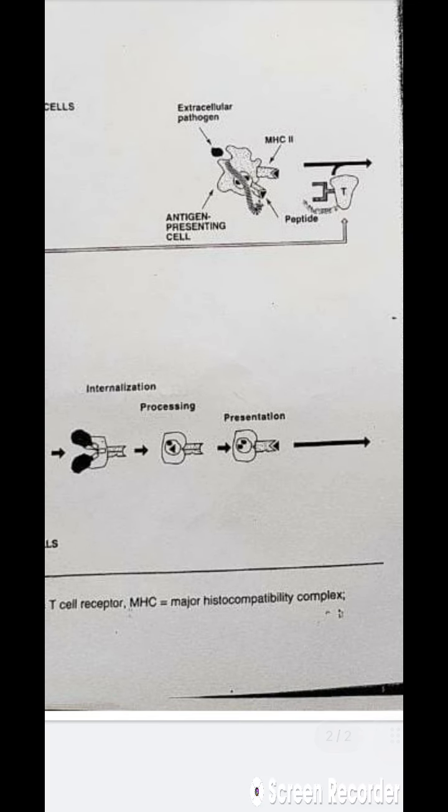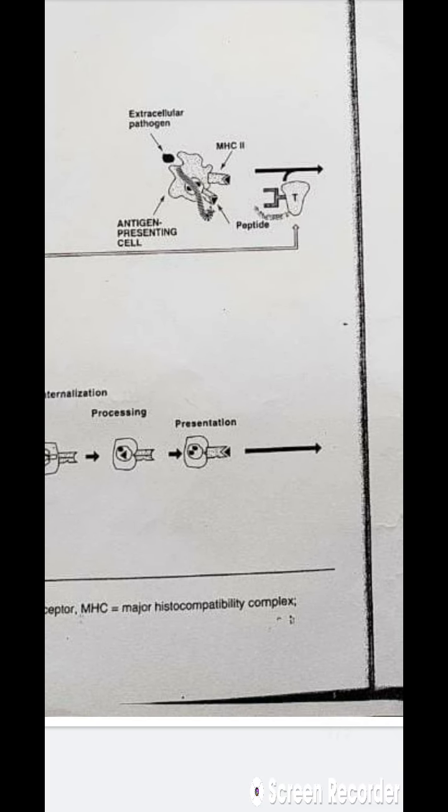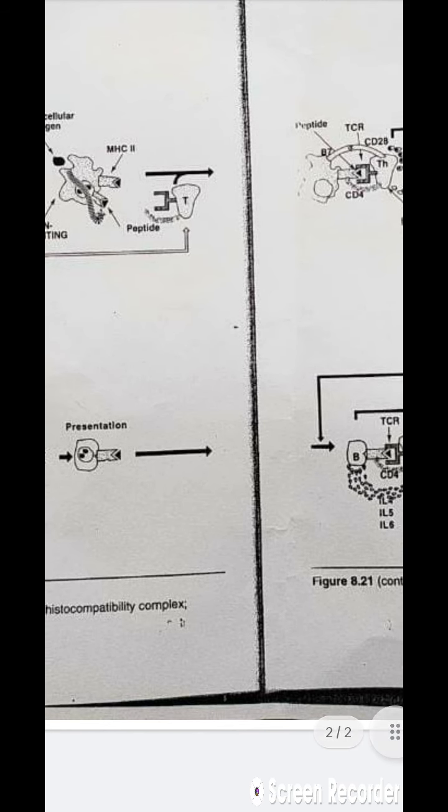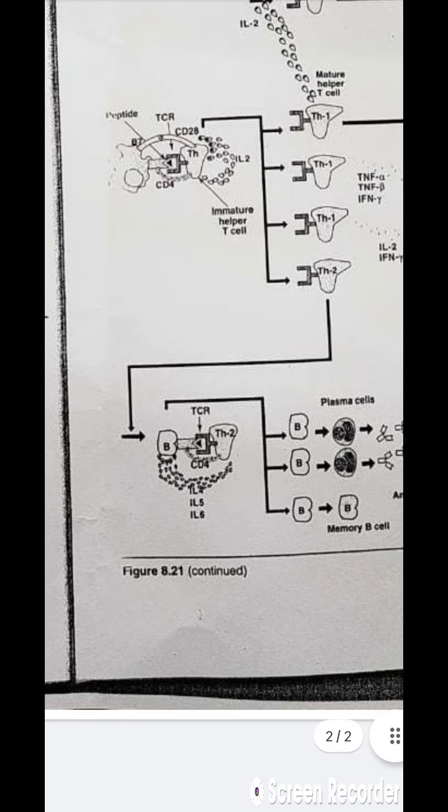Then it is processed into small fragments, and this small fragment as a peptide is presented by the B cell. So the B cell is now acting as an antigen presenting cell.